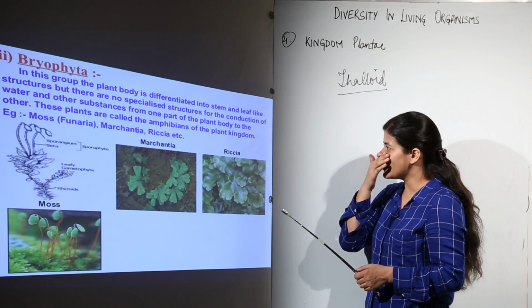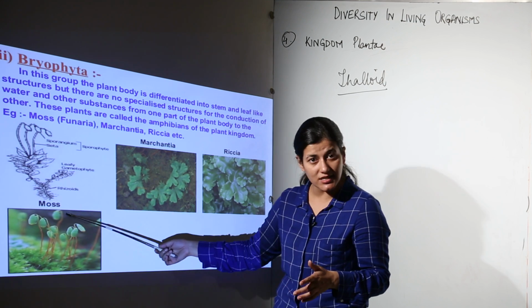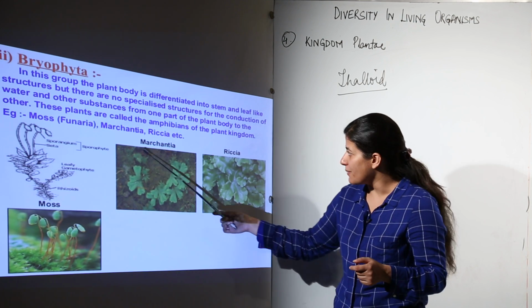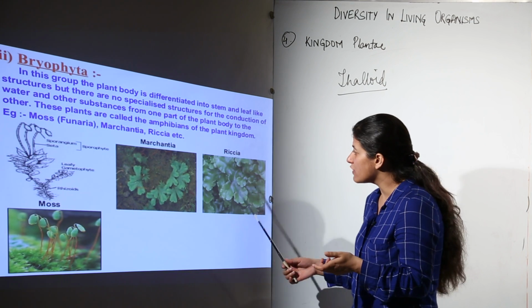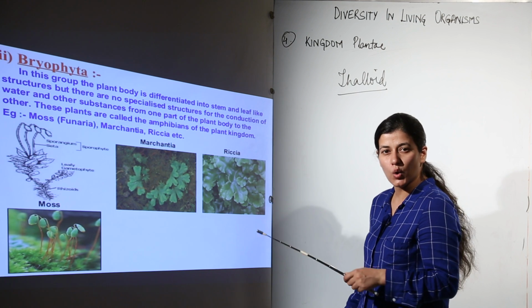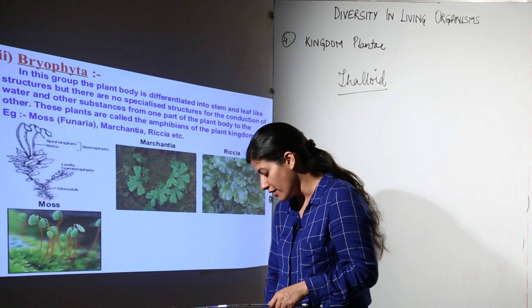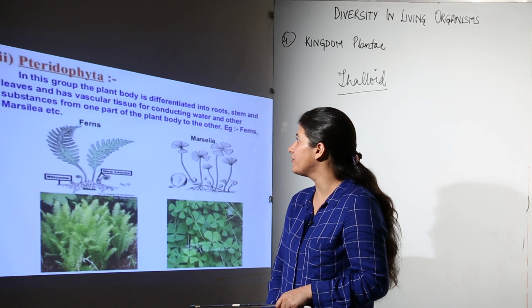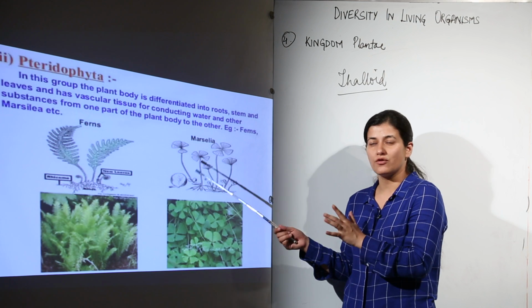What you have to remember is that they are the amphibians of the plant kingdom. You have the examples of mosses and liverworts. You have the example of Marchantia that you often see growing in moist places. You have the example of Riccia, which is again a bryophyte. The mosses that grow on moist places in the rainy seasons are bryophytes. Now moving further, the third one is pteridophyta.